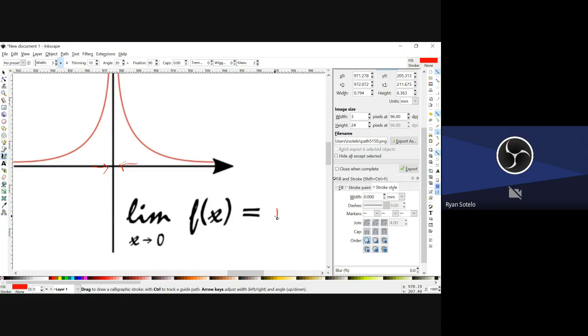You could write positive infinity. What that means is that the limit technically does not exist, but we talk about its behavior. It's a limiting behavior, and the limiting behavior is that it flows in the positive direction. So we indicate that limiting behavior sometimes by just providing plus infinity.